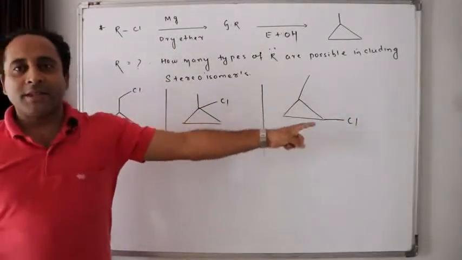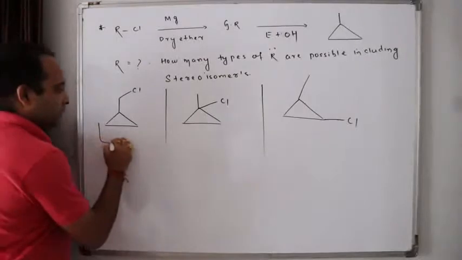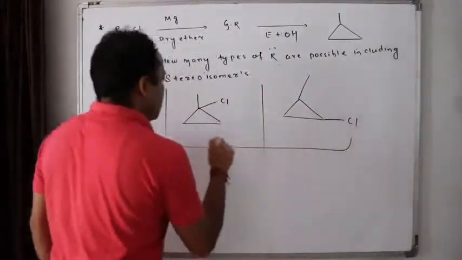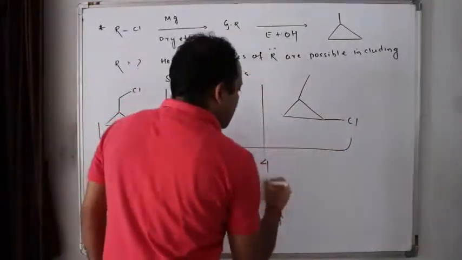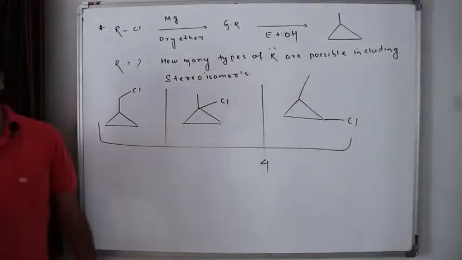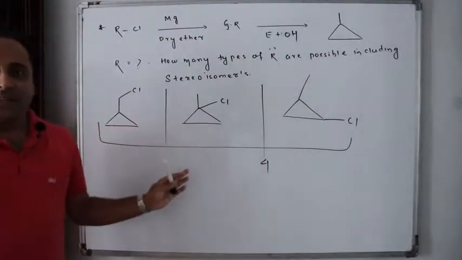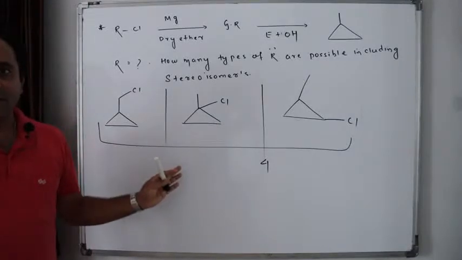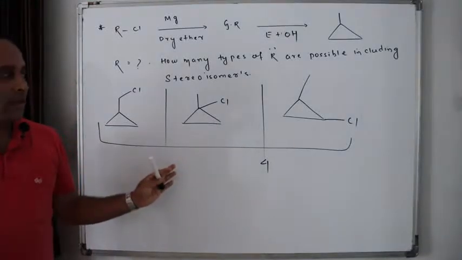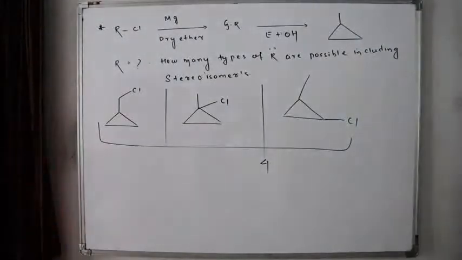Here I can have a cis and trans. So total variety how many? For this two, three, four. Four varieties of alkyl halide possible. Yes or no? Easy? Doubt? Easy question? Tell me. Let us go for the next question.